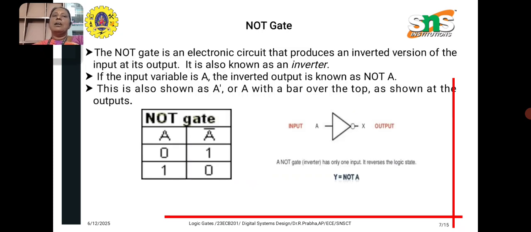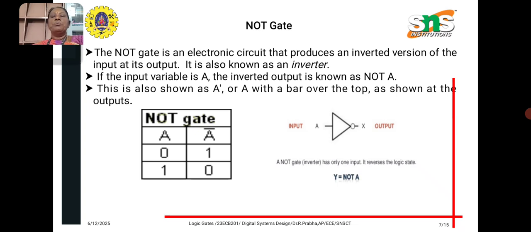Next is a very important gate called NOT gate. NOT gate produces the inversion of the given input, and it is also called an inverter. If the input variable is A, the inverted output is known as NOT of A, and this is represented by A complement or A over bar.